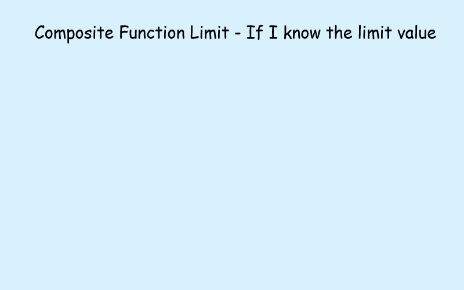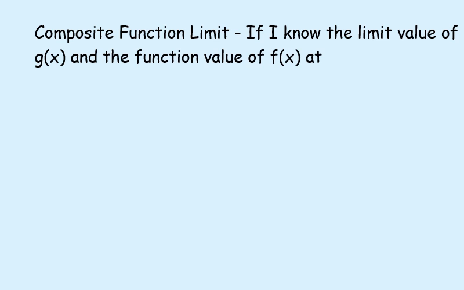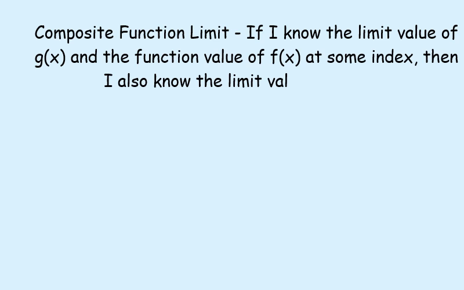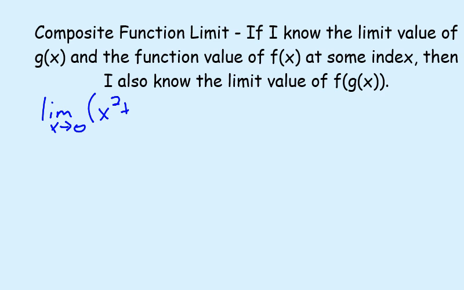All right, the composite function limit. If I know the limit value of g of x and the function value of f of x at some index, not necessarily the same index, then I also know the limit value of f of g of x. So using my function value, my f of x is x squared plus 4, and my g of x is going to be the square root of x.